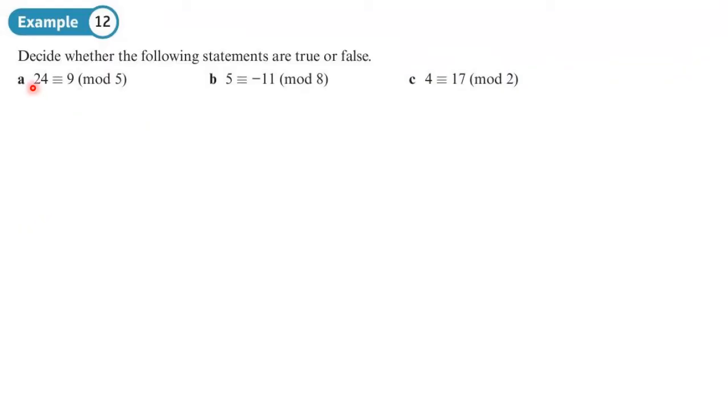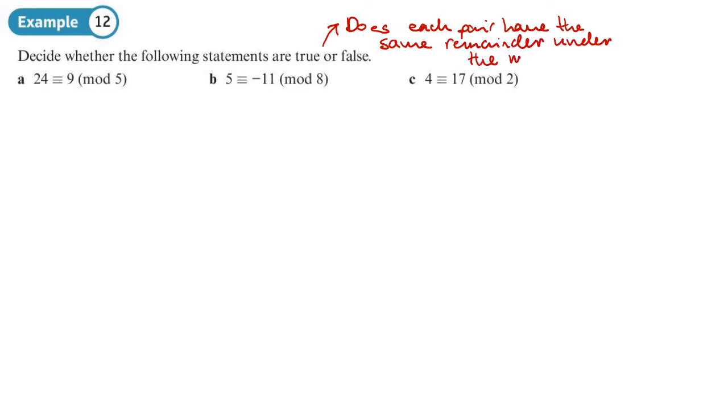Okay, so on this question, we want to decide which of these statements is true. Basically, it's asking us, does each pair of numbers have the same remainder under the modulus that's been given?